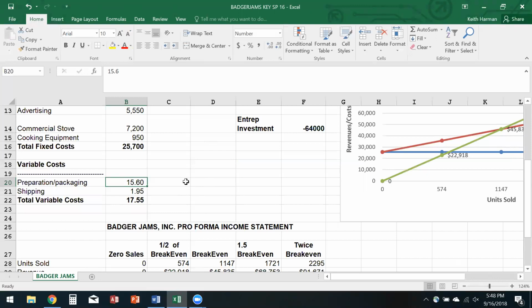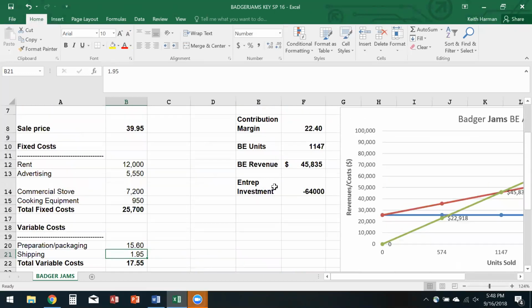And so the preparation and packaging is $15.60 a unit. Okay, again, these are per unit costs. And we're also looking here at shipping, $1.95. So the total variable costs are $17.55.